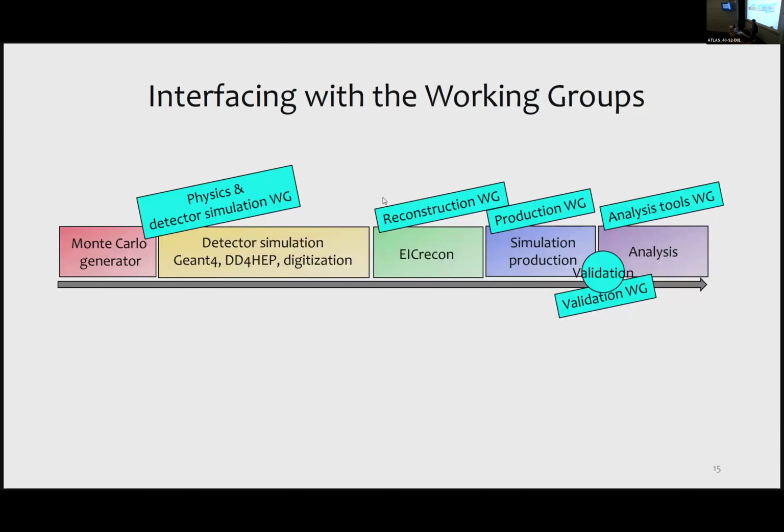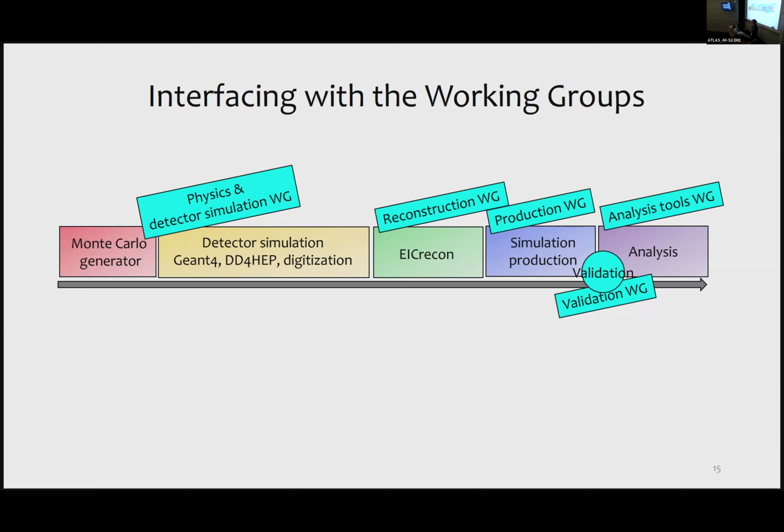Okay, so I wanted to mention that we would be working with different working groups. If you're working with Monte Carlo generators or detector simulation, you might work with the physics and detector simulation working groups. If you're working with EIC recon, then you may be interacting with the reconstruction working groups.